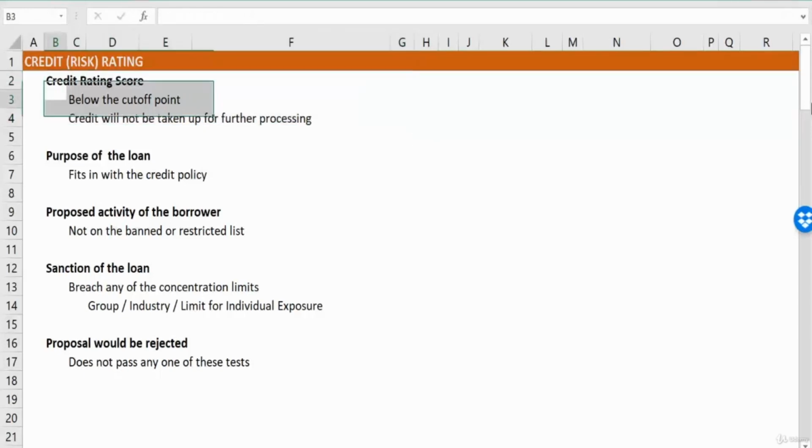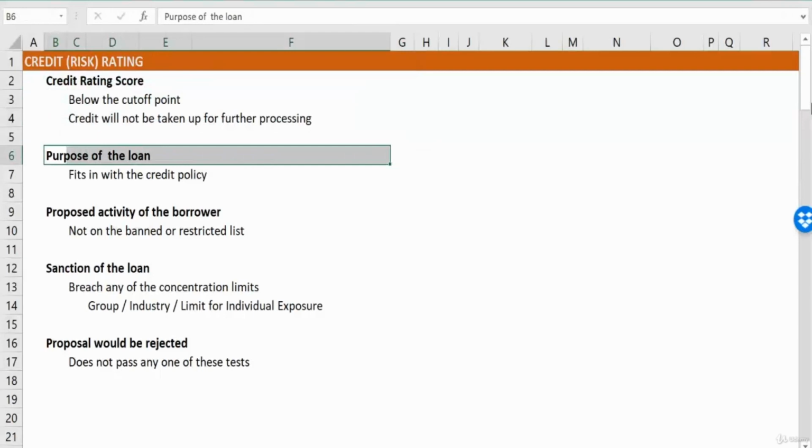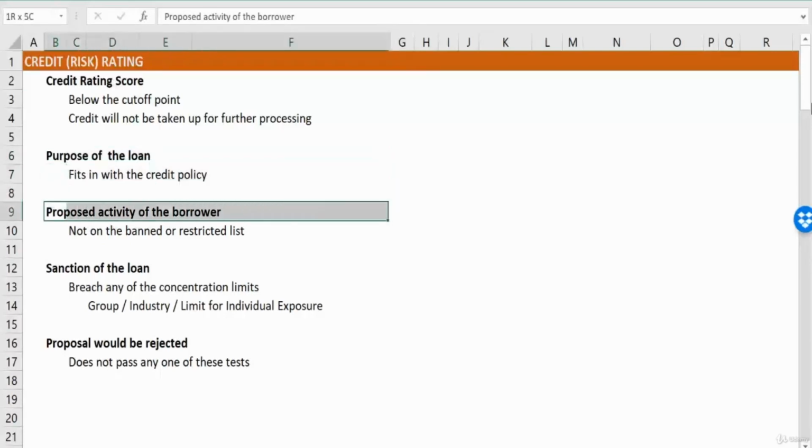Another important factor which the bank should ensure is for what purpose this loan is going to be taken and whether that purpose fits within the bank's credit policy. In case the proposed activity of the borrower is on the banned list or restricted list, then the bank will not take up the proposal for processing. The proposed activity of the borrower should not be on the banned list or restricted list.